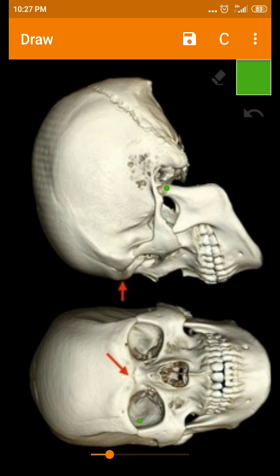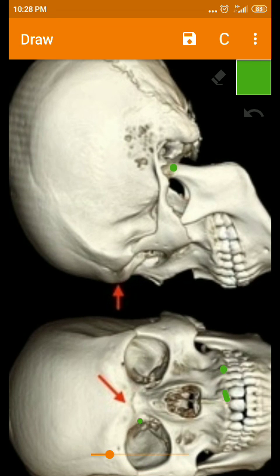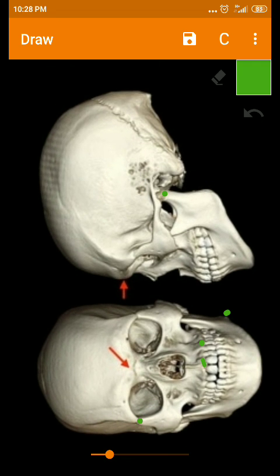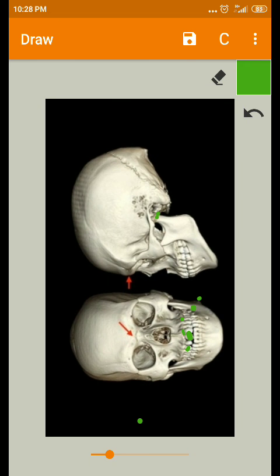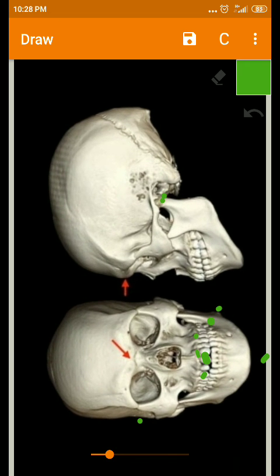So the dental factors also have some influence on the functions of the temporomandibular joint. The position and size of the teeth, and the contact of the teeth, all these three factors have some relation with the function of the temporomandibular joints.